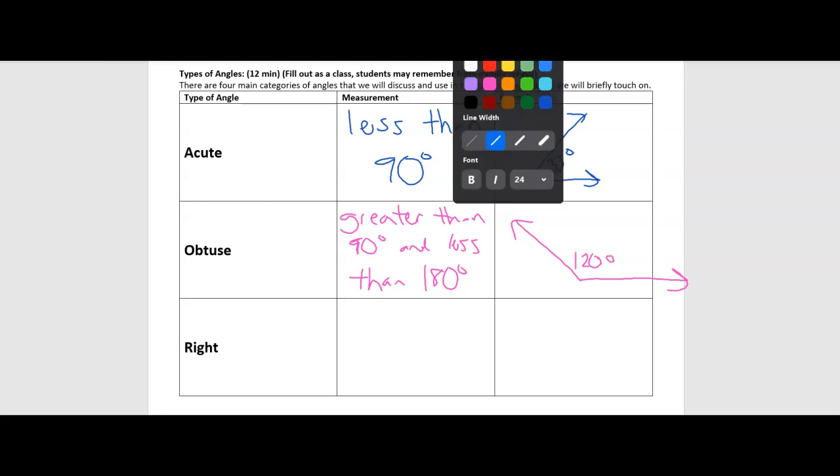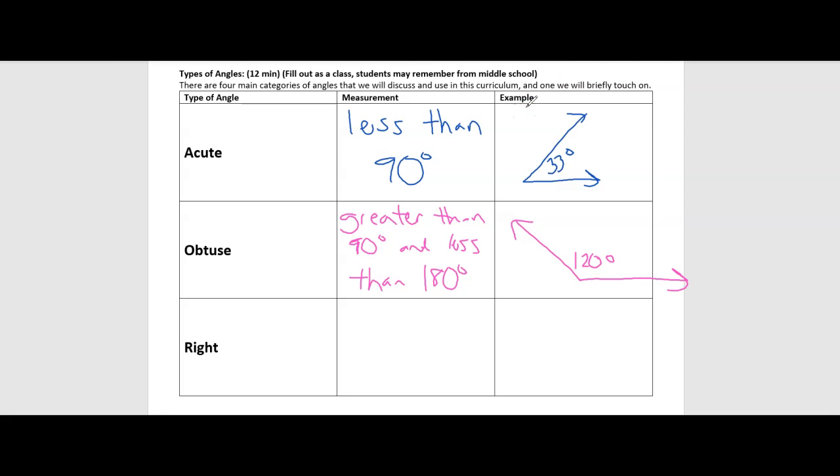Okay, a right angle. This one measures exactly 90 degrees. And you may see this 2 ways. The most common way is that you'll see a little box.